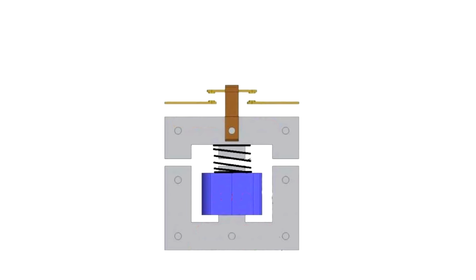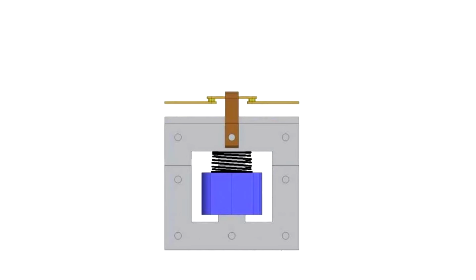Under its influence, an electromagnetic field is generated. The core is magnetized, and the field force compresses the spring, and begins to attract the movable part of the magnetic circuit. As a result of such an impact, the contacts close, and through them the power is connected and supplied to the load, after which the load starts to work.